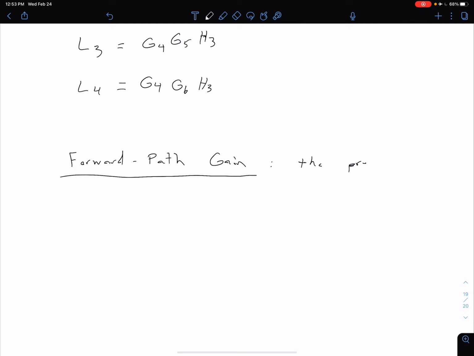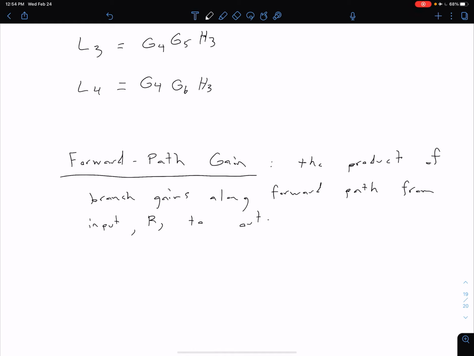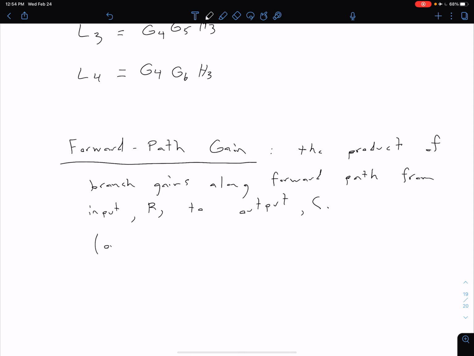So the product of our branch gains along a forward path from our overall input, R, to our output, C. One little caveat here, and it's maybe not super clear with what I've already written, is we can only go in the forward direction here.